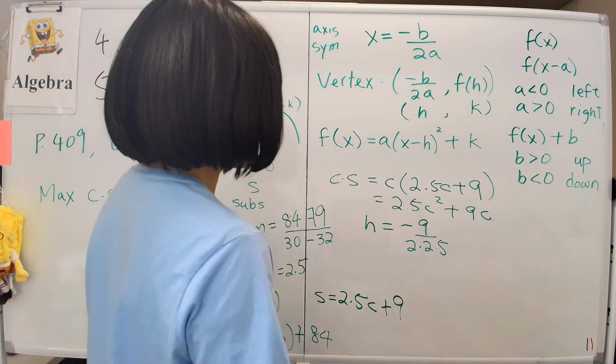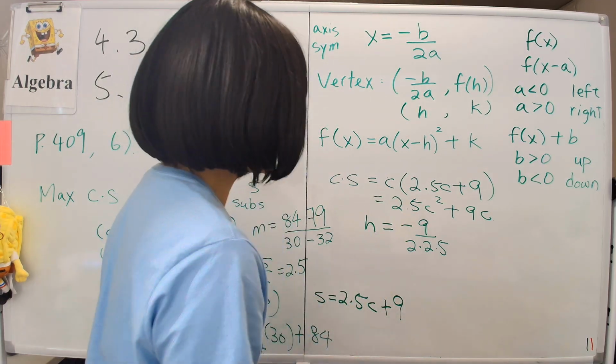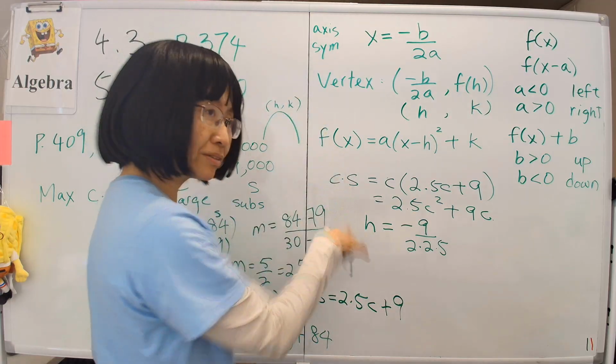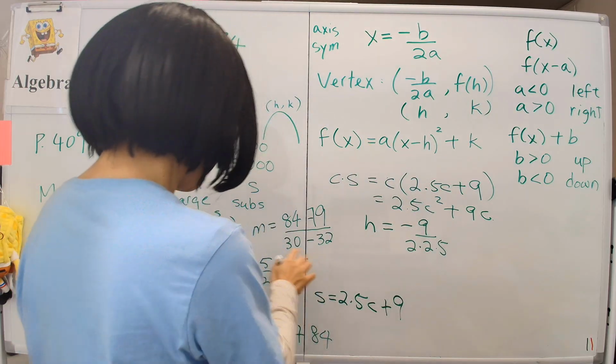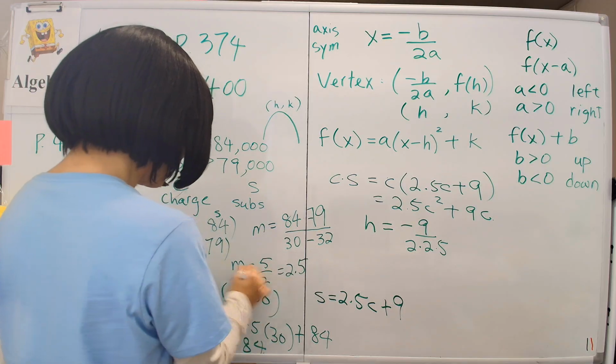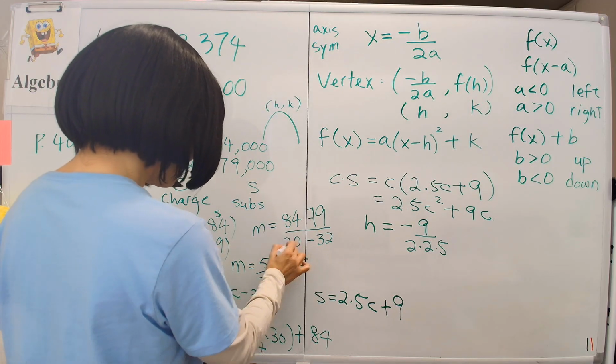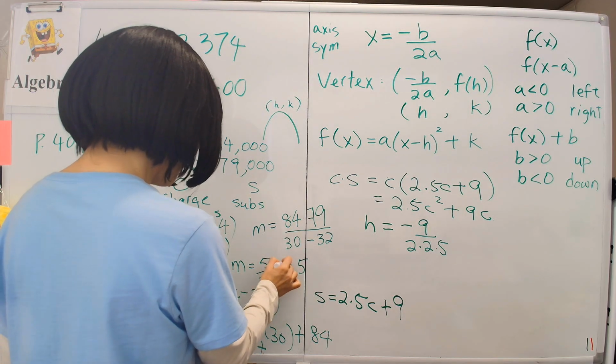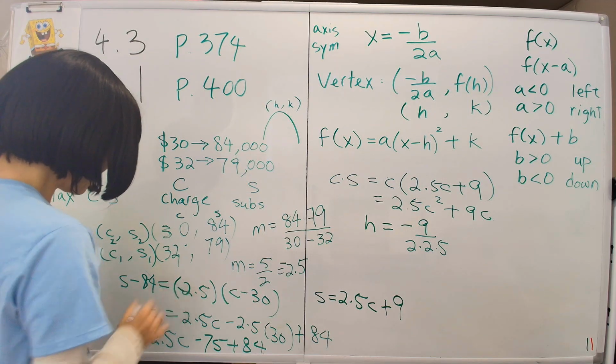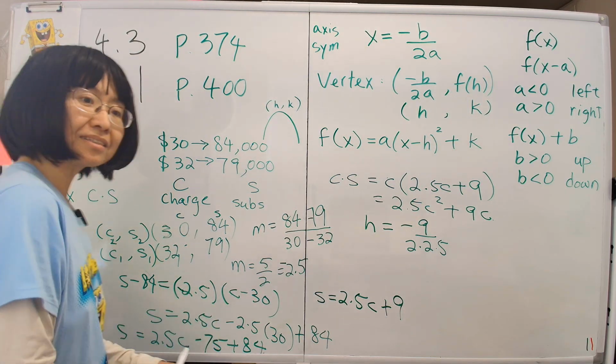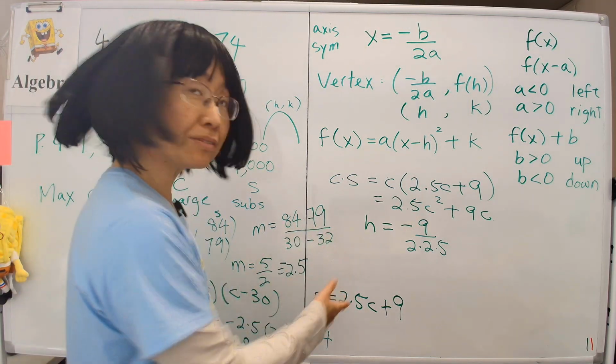Now, I made a mistake here, because this equation needs to be negative since we're maximizing, so the parabola should point down. See, the m is negative. 30 minus 32 is a negative value. So this should be negative, and that changes things. So I will continue this in the next video.